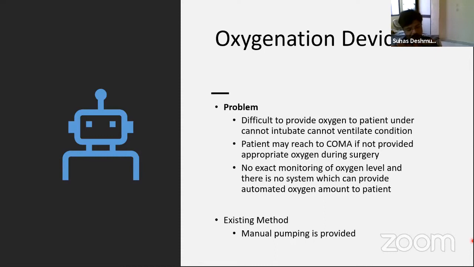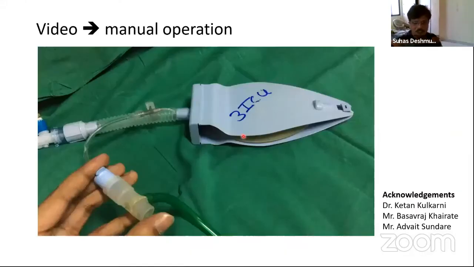In that case, we need to pump oxygen directly into the heart, and we need to continuously maintain that oxygen level in the body. Currently the problem is solved in this fashion. This is a representation of the heart.